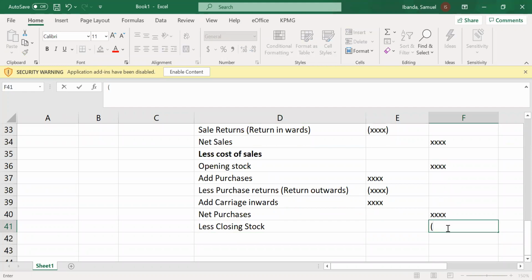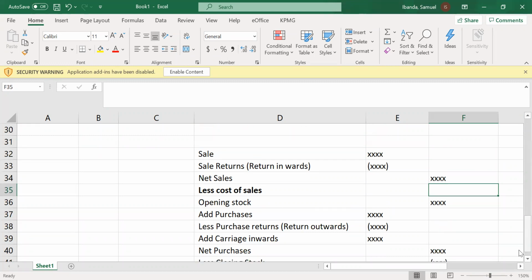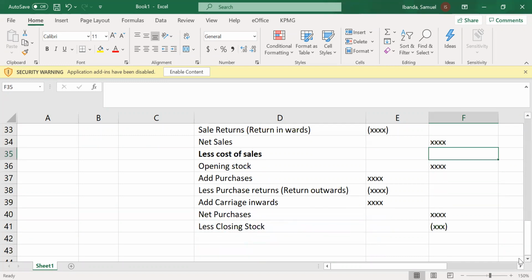Which closing stock? We have already calculated. So this is just a simple format to show you how some of these things might actually be, okay? This is how it actually is.